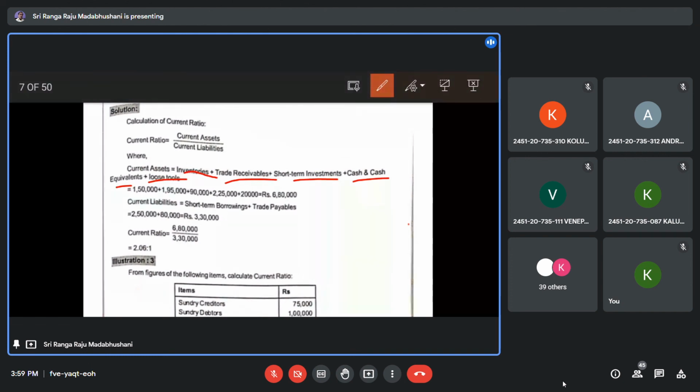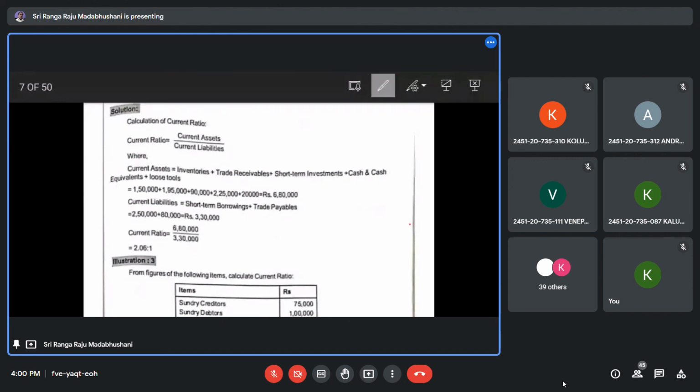The total of that is 6,80,000. Then current liabilities: short-term borrowings, trade payables, 3,30,000. So 680 by 330, 2.06 is to 1. So the financial position of the organization is good.